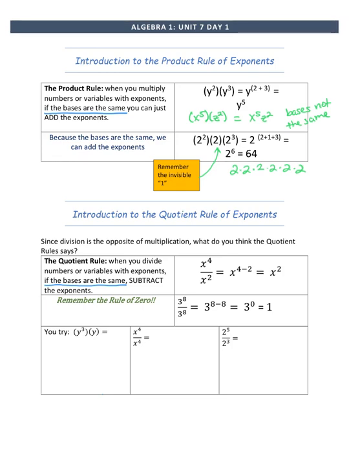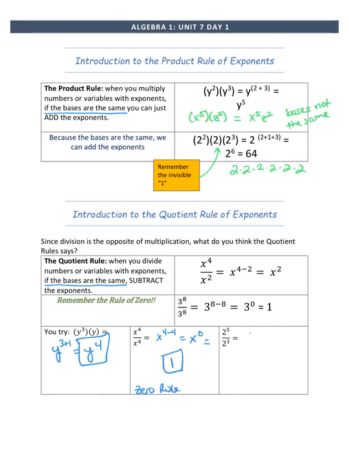So, y to the third power times y is y to the 3 plus 1 equals y to the 4. x to the 4 over x to the 4 is x to the 4 minus 4, x to the 0, which equals 1. 0 rule.